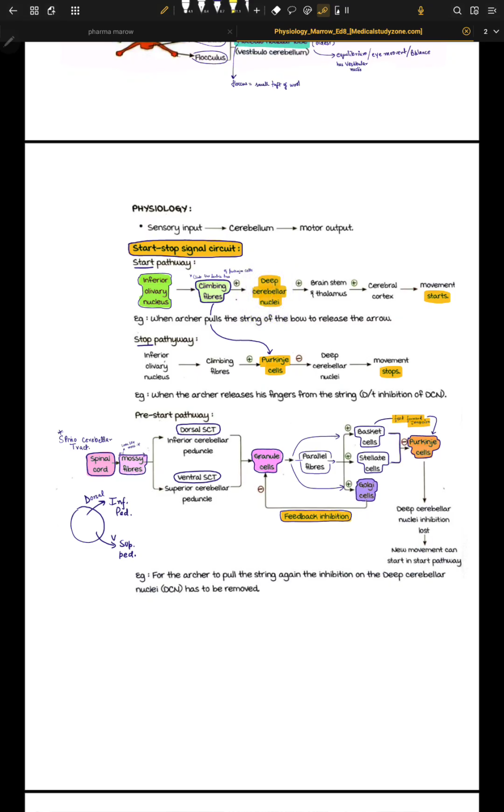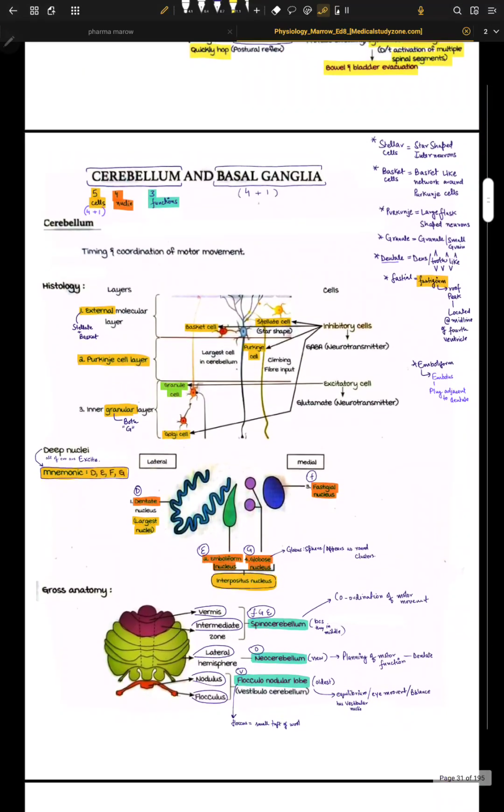If you inhibit the deep cerebellar nuclei, you will be inhibiting movement. To inhibit, we need Purkinje cells, right? And to inhibit Purkinje cells, we need the other three cells: basket, stellate, Golgi. And to inhibit granular cells, we need Golgi. So this is the whole story of it.